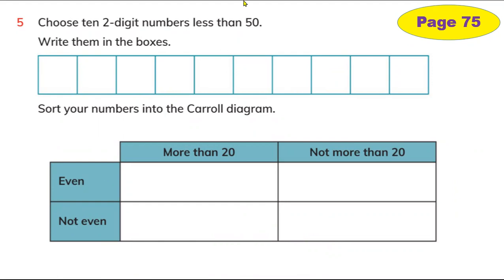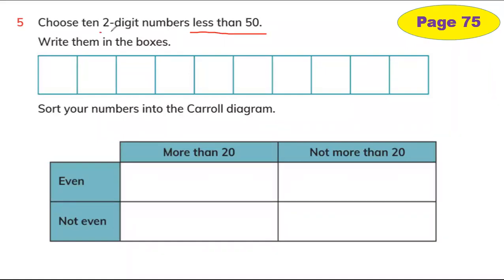So let's look at, choose 10 two-digit numbers less than 50. Write them in the boxes. So guys, you have to write your favorite numbers, but they should be less than 50.